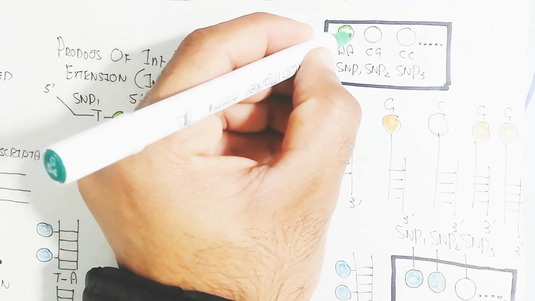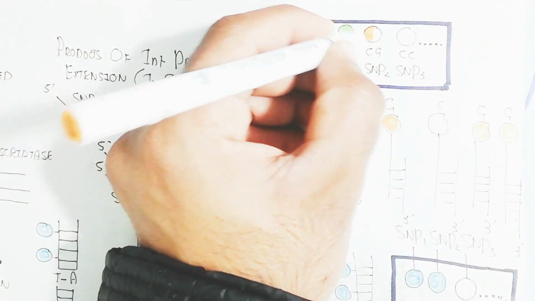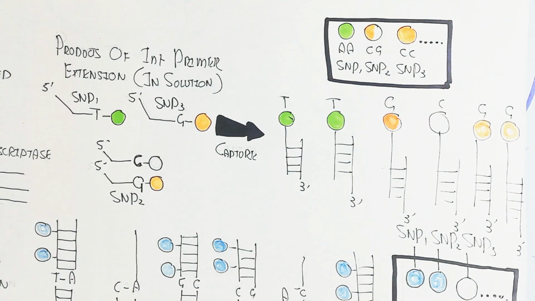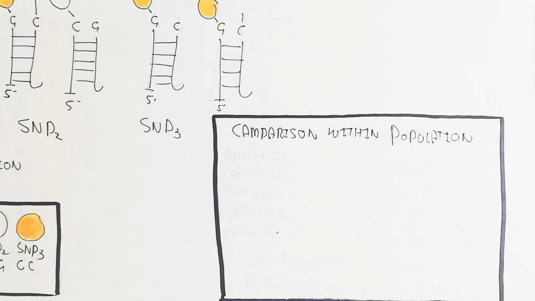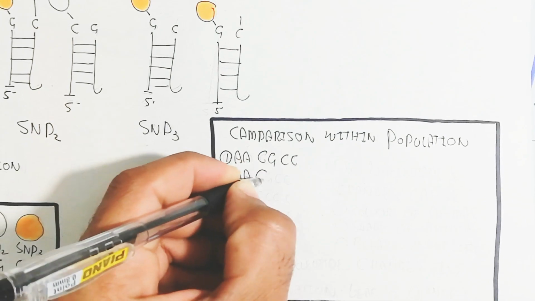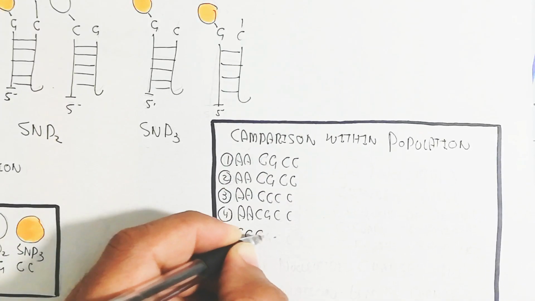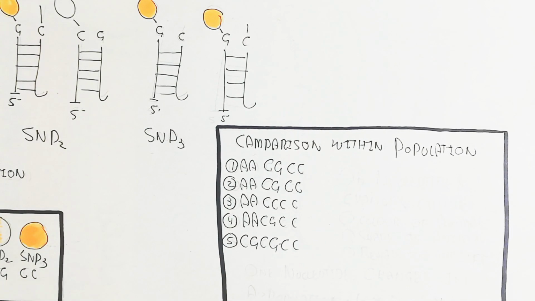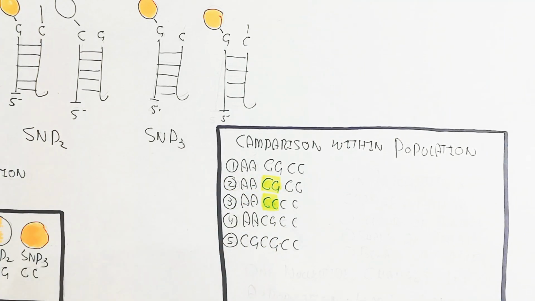If the SNP2 genotyping color is different as compared to before the extension, it means the single nucleotide polymorphism is present, which will change the individual. In the comparison within the population, you can see this is a change in one nucleotide. For example, cytosine and guanine should be equal, but here is the difference.